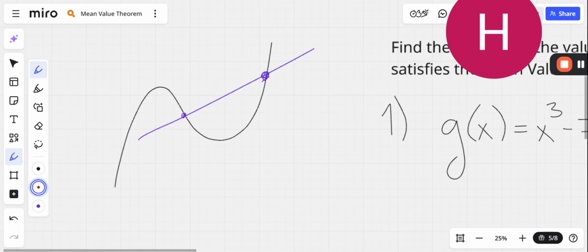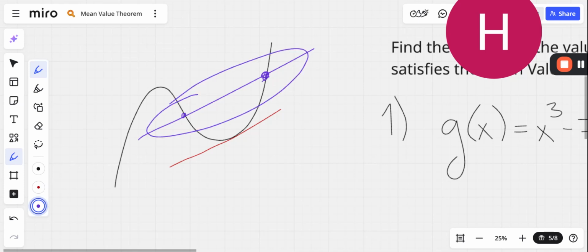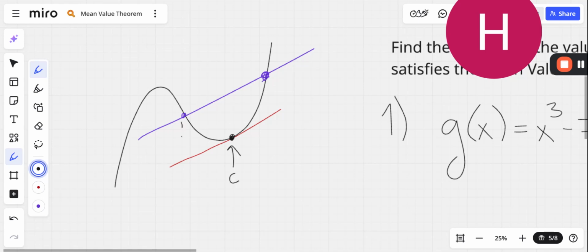And the spot where the tangent slope matches that looks like it would be somewhere around there. So what we're doing here is we're setting this slope of this line equal to the derivative, which can constantly change. And if we set it equal, then we're basically locating this x value here. This is my c value. Here's my a, and here's my b.